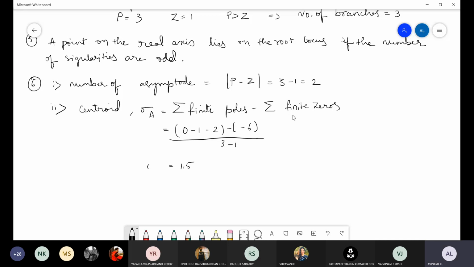So that is equal to 1.5. So here sigma A is positive 1.5. That means on the right side it is going to come.